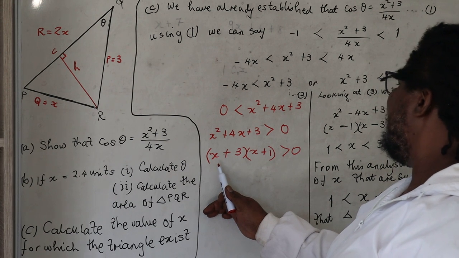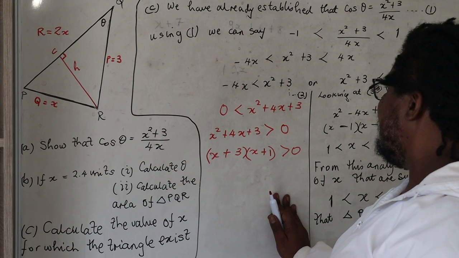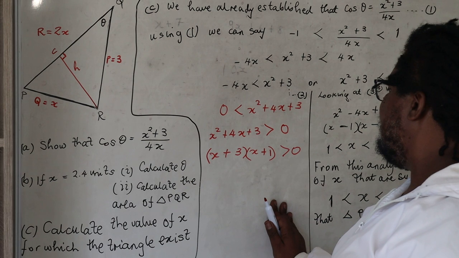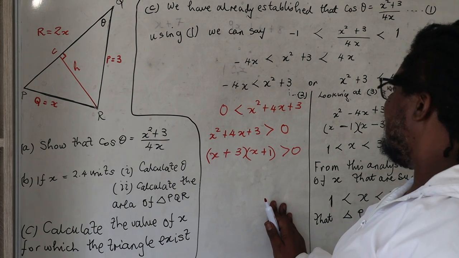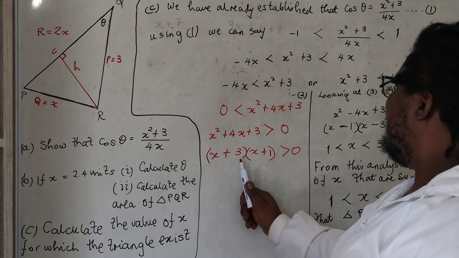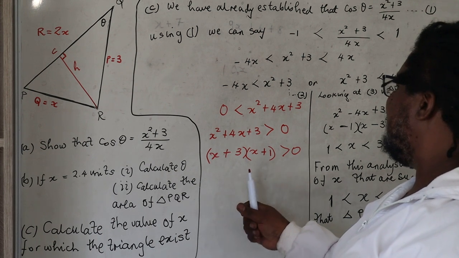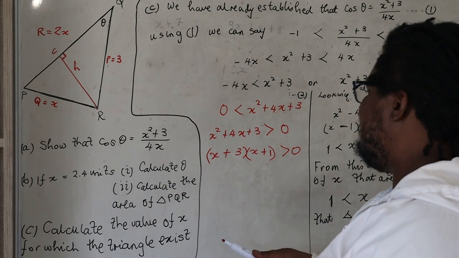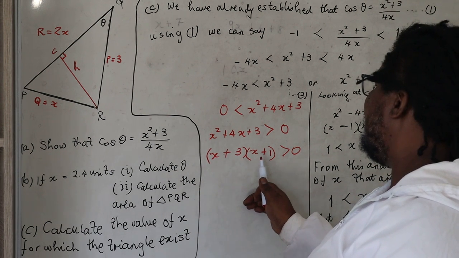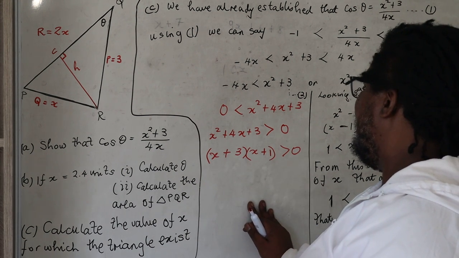So if we have x equal to 0, for instance, this would be 3 times 1, it would be 3, that's greater than 0. And if we have x minus 1, this would be 2, and this would be 0, so it doesn't hold. If we have x minus 2, this would be minus 2 plus 3, that would be 1, minus 2, so it won't hold.